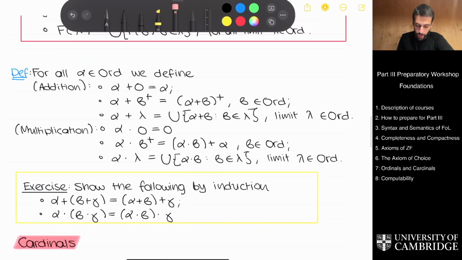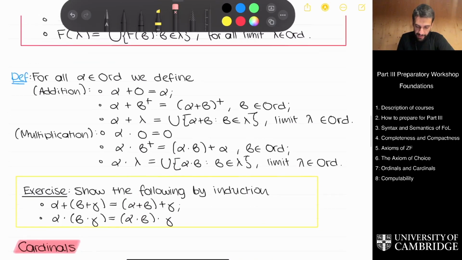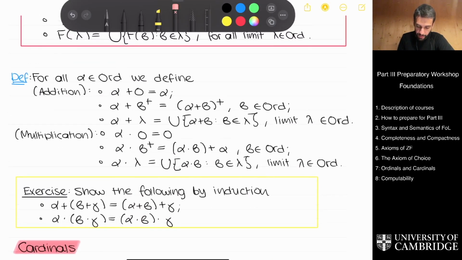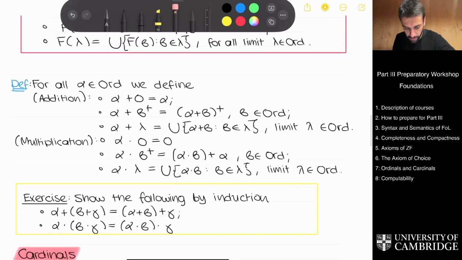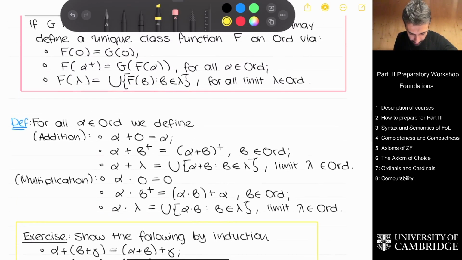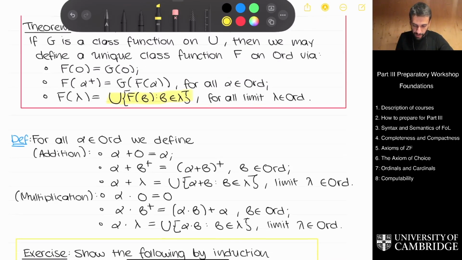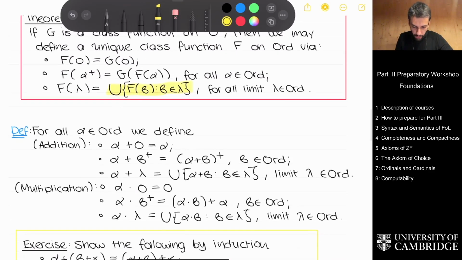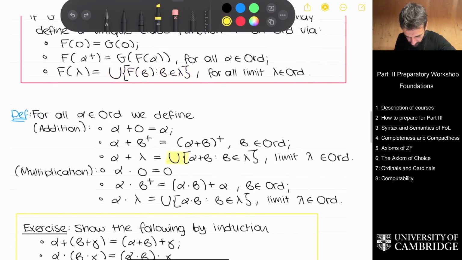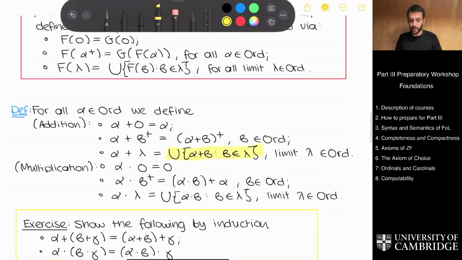Recall, because of the corollary that I talked about before, that the last set, this one, is going to be an ordinal. Why is that?